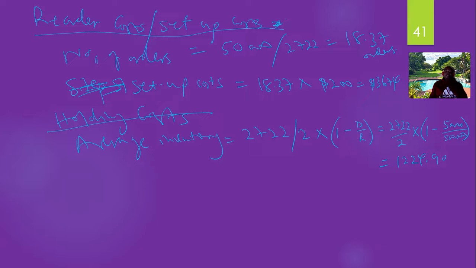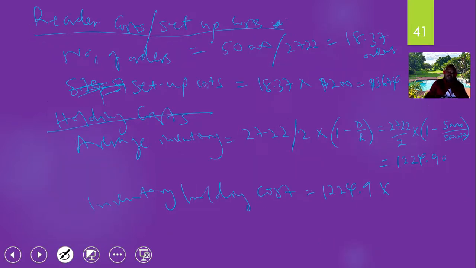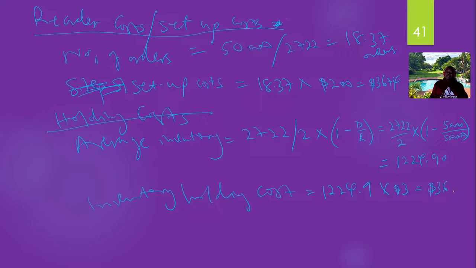Now the annual inventory holding cost should be 1,224.9 multiplied by CH, the holding cost per unit, which is $3, and we have to get 3,675.